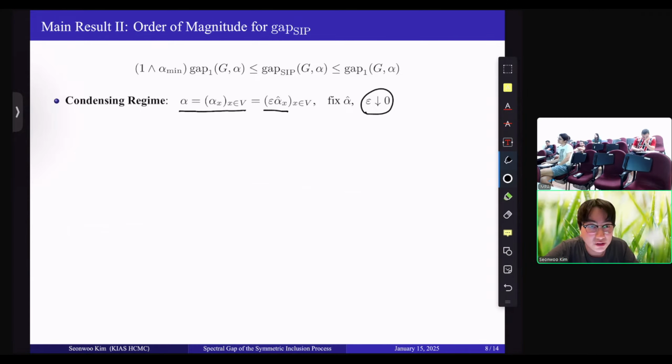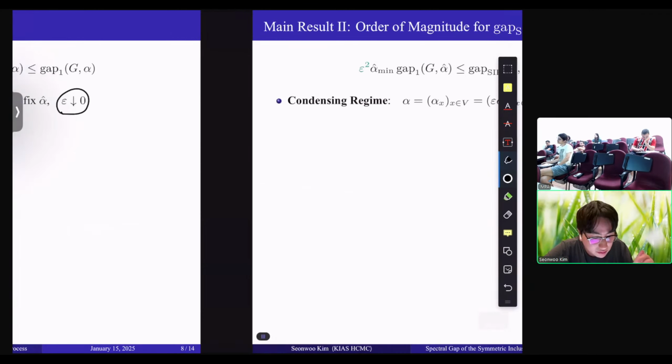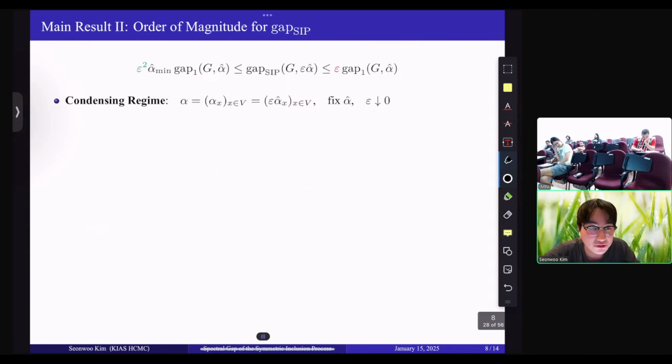And then in this condensing regime, we can change this two-sided inequality as follows. So first, this was gap 1 of G alpha, and this becomes exactly where the epsilon pops up, because in the one particle case, it is actually linear in alpha.